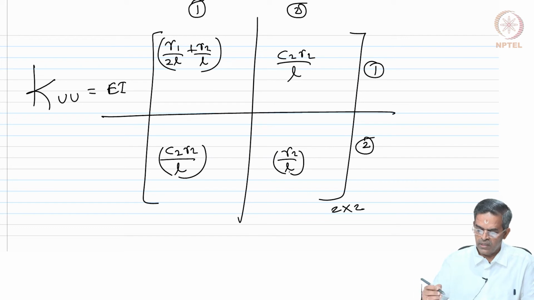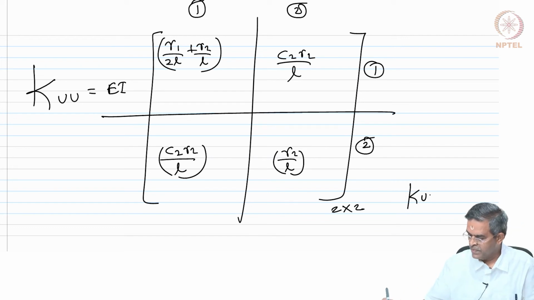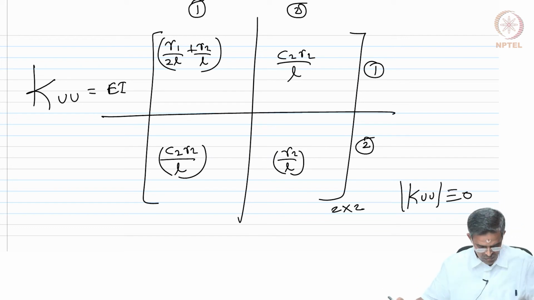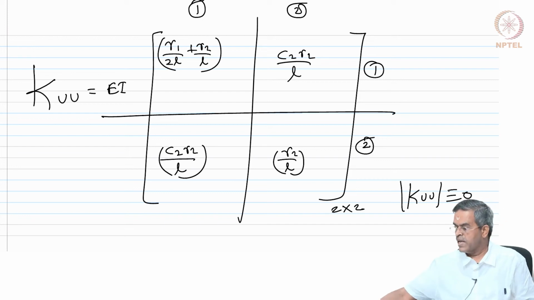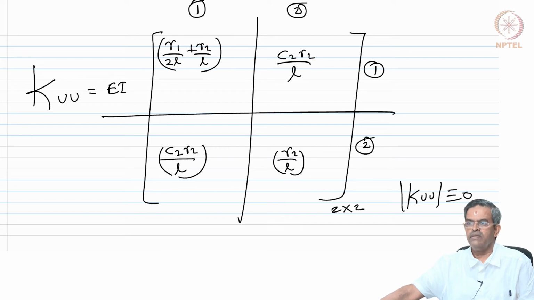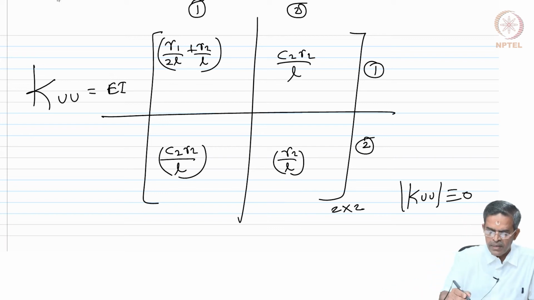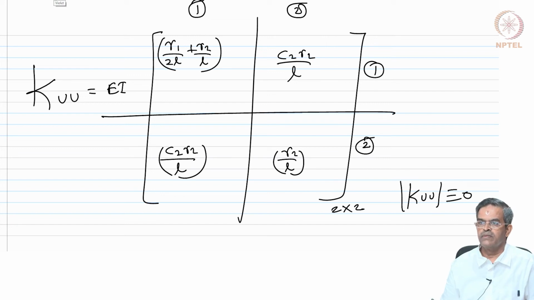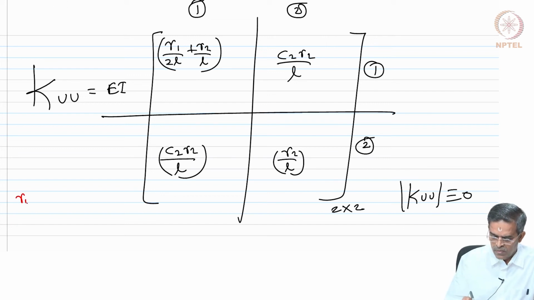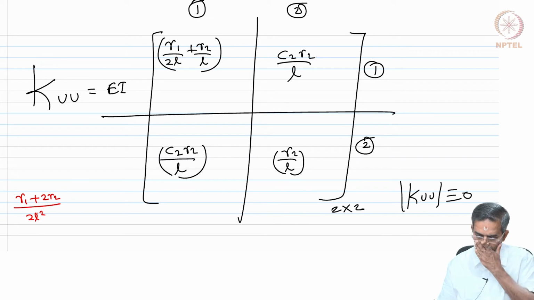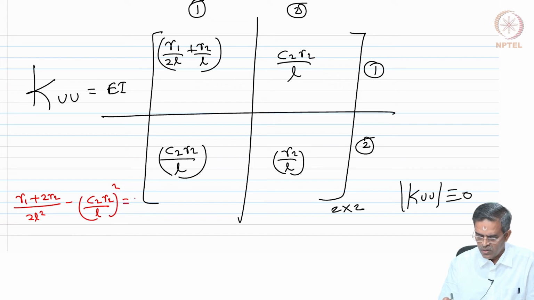Right. So, I want to set this determinant to 0 to get my characteristic equation. Okay. So, if I do that, I am writing it here. So, (R1 plus 2 R2) by 2L square minus (C2 R2 by L) the whole square should be 0.